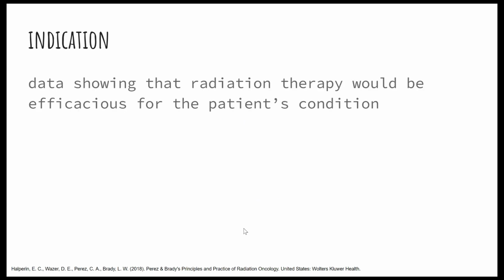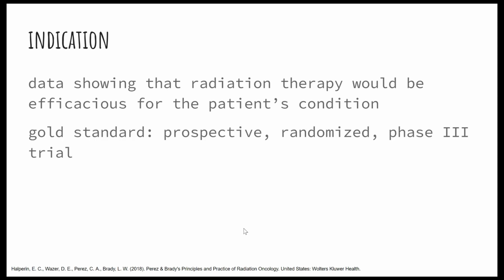So coming to the indication. What is an indication? It's basically the body of data which shows that radiation therapy would be efficacious for the patient's condition. For example, early carcinoma cervix, I know stage 2 carcinoma cervix, chemoradiation will help. So the gold standard of data is a prospective randomized phase 3 trial.